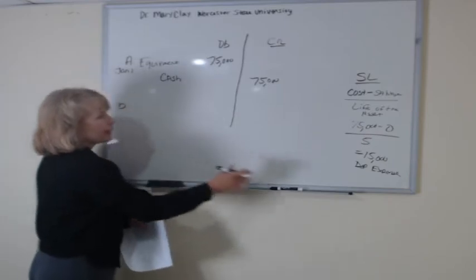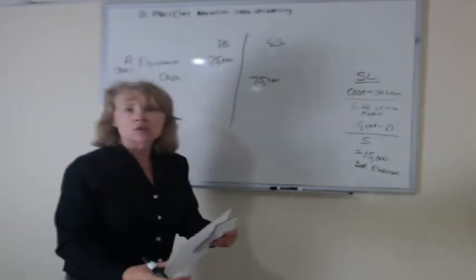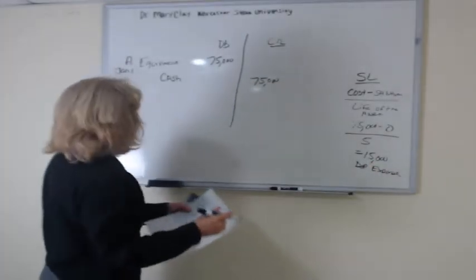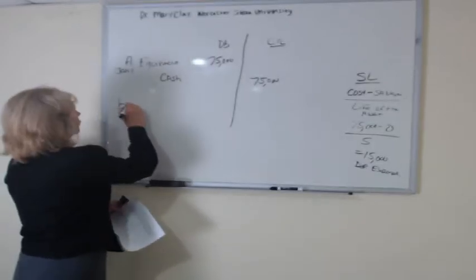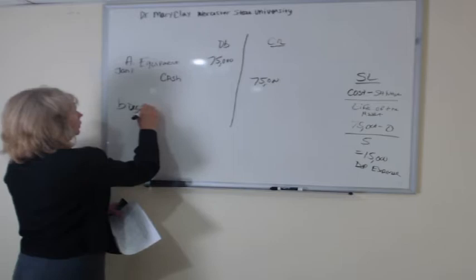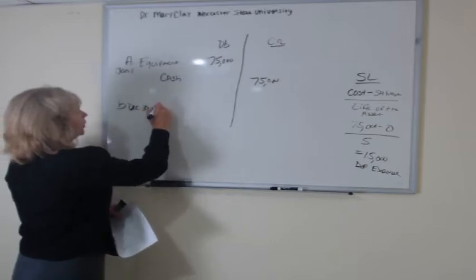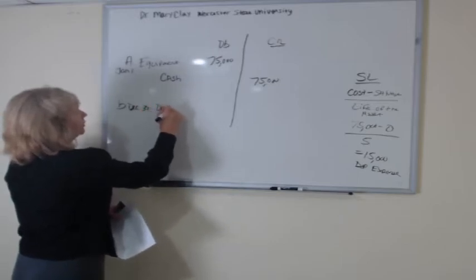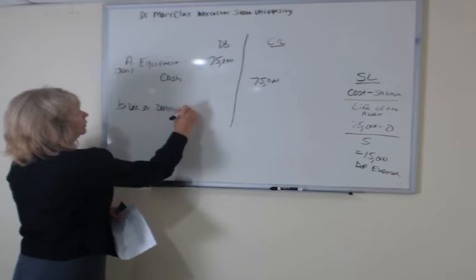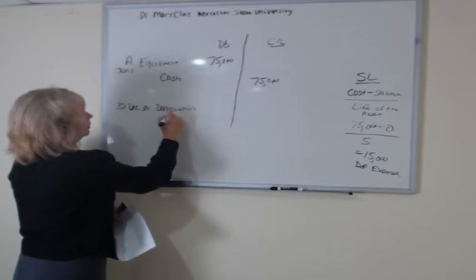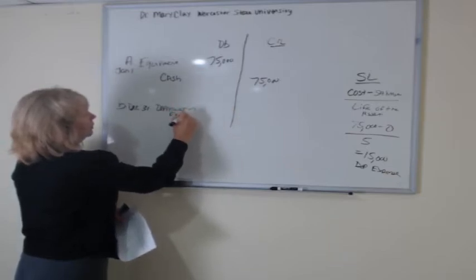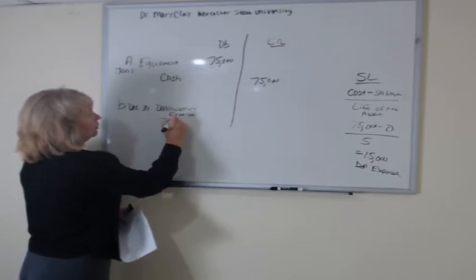Now we're going to make the entry for this 15,000 we figured out. And we're going to make that entry on December 31st. So we debit depreciation expense, equipment.